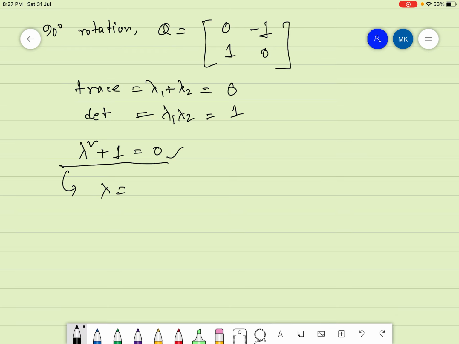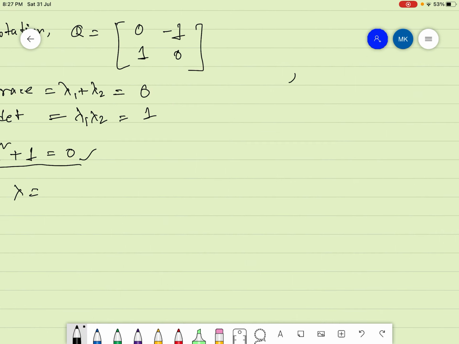Did you get where I wrote this from? If you have two solutions of a second order equation, alpha and beta, then you can write the equation as x squared minus (alpha plus beta) x plus alpha beta equals 0.